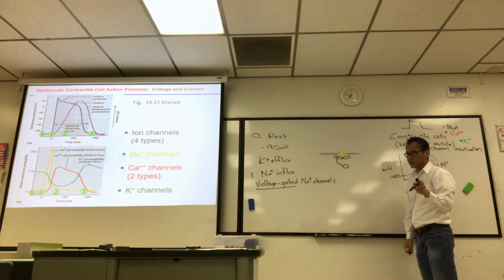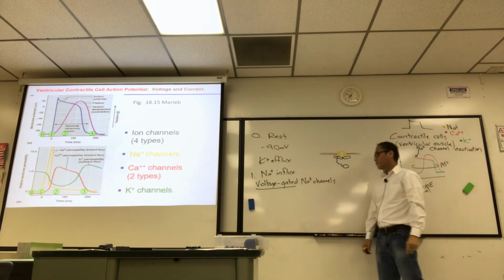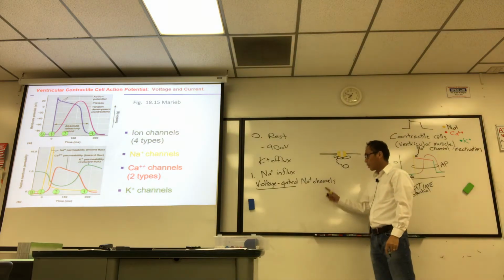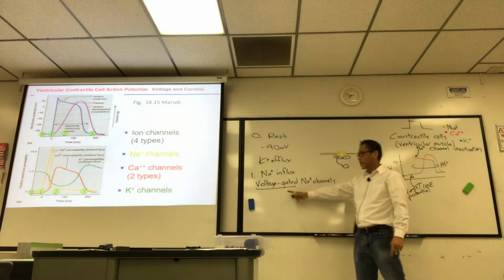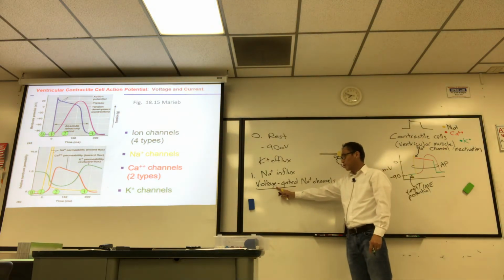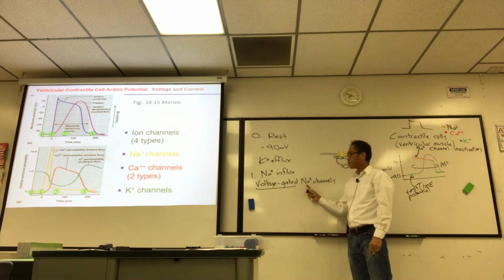the way I explain voltage gated, you have to understand as a student what opens a channel so the cell is permeable to it. There's a gate on it, okay? And you can open or close the gate in different ways. If there's a change in voltage, that'll open or close the gate.